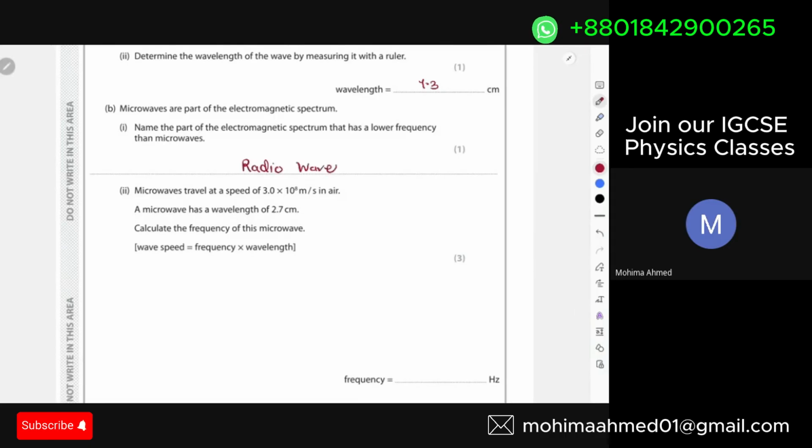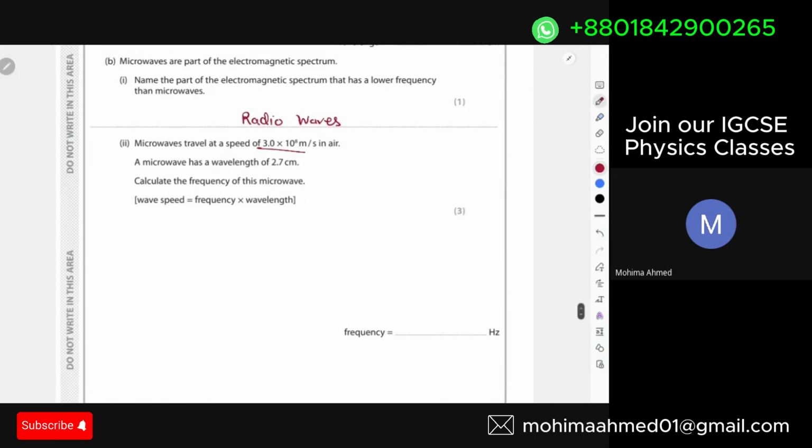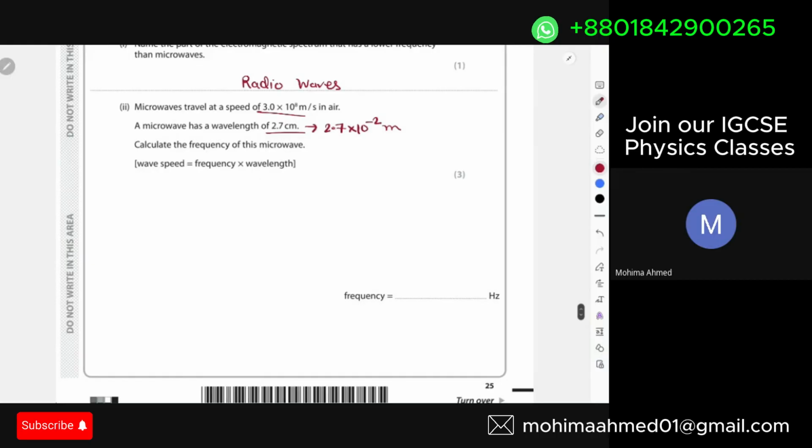Then, microwaves travel with a speed of this much in air. Microwaves have a wavelength of this much, 2.7 × 10^-2 meter, and calculate the frequency. In order to find out the frequency, it will be f = v over lambda. For v, it will be 3 × 10^8 divided by 2.7 × 10^-2.